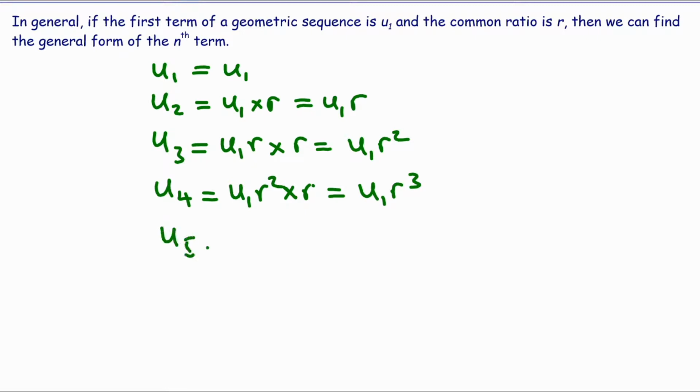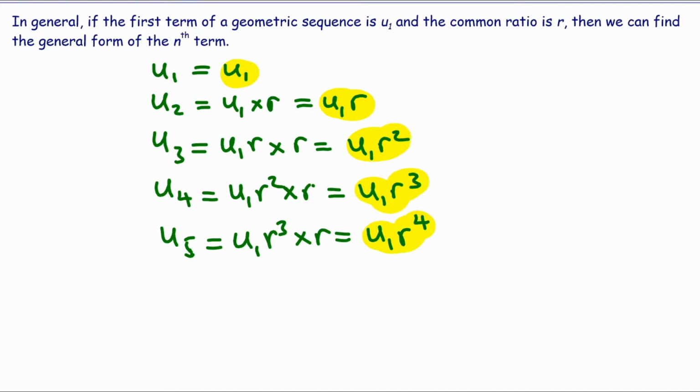The fifth term will be the fourth term, u1r cubed, multiplied by r, which is u1r to power 4. And again, by inspection, you can see that the power of r is one less than the position of the corresponding term.